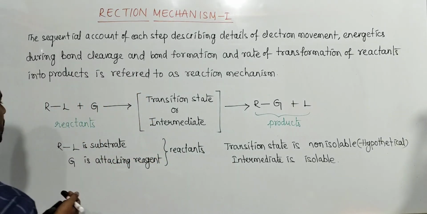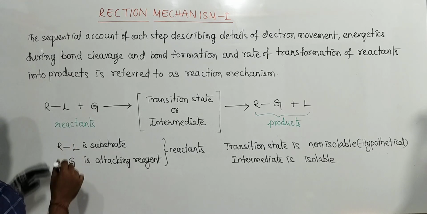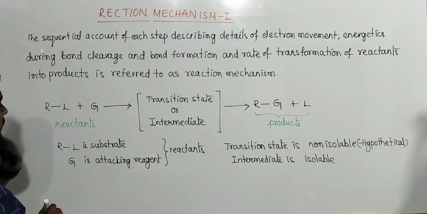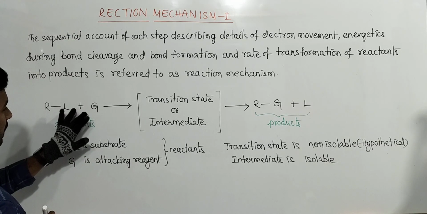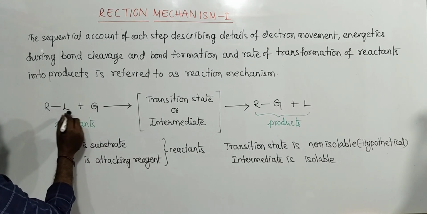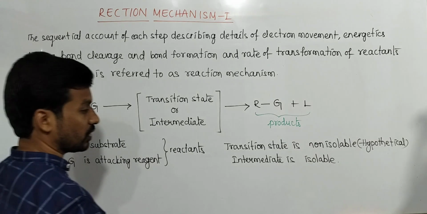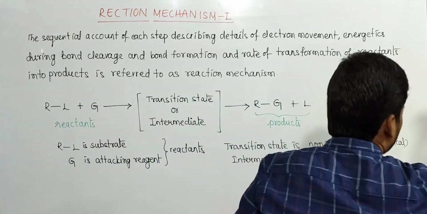So in a general reaction mechanism, this is some chemical reaction. For this chemical reaction, R-L with some leaving group, plus G, these two come under reactants. RL and G both are reactants. So during this reaction what happens?